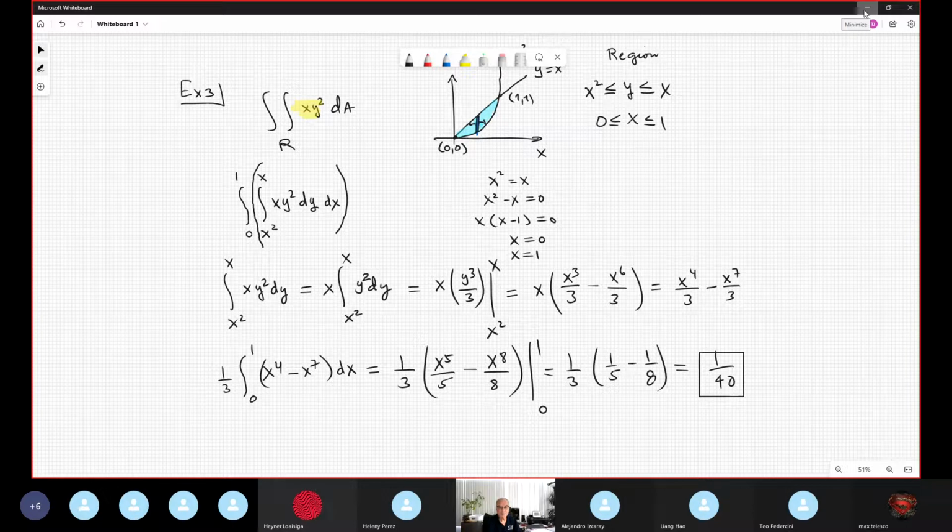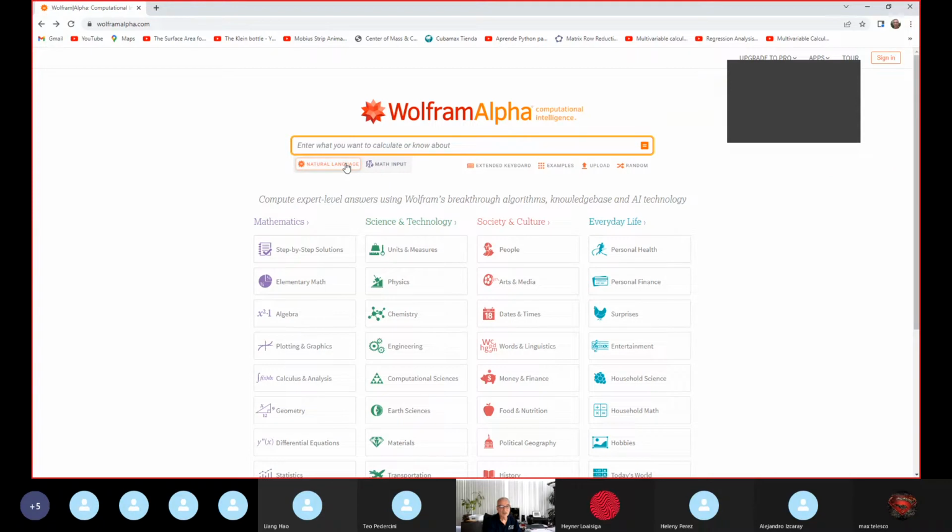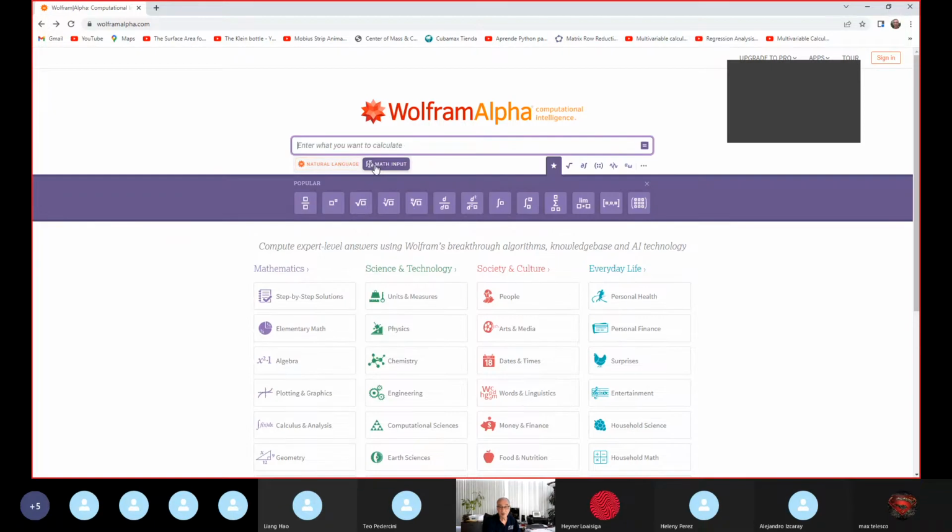Do you see Wolfram Alpha? Wolfram Alpha, the thing we were working with before, using natural language. You can switch between natural language in white color or math input in purple color.